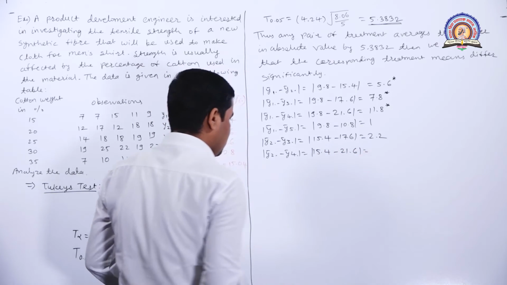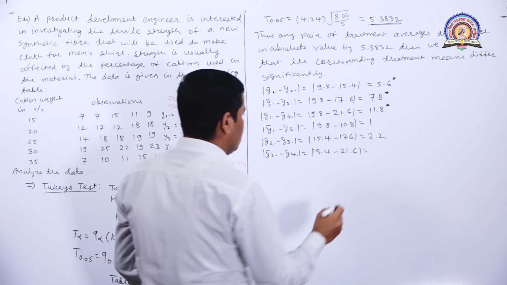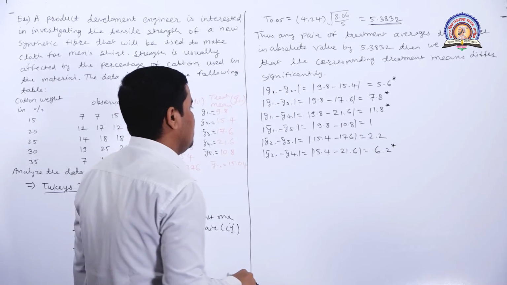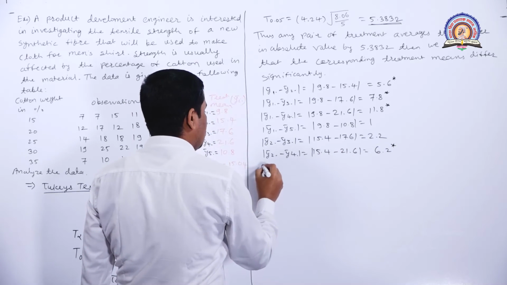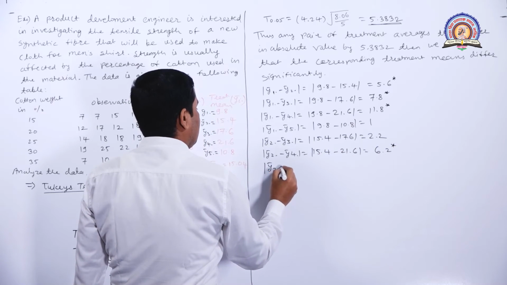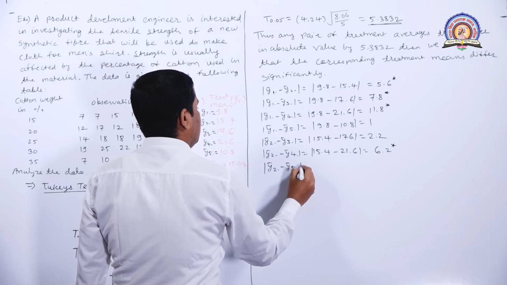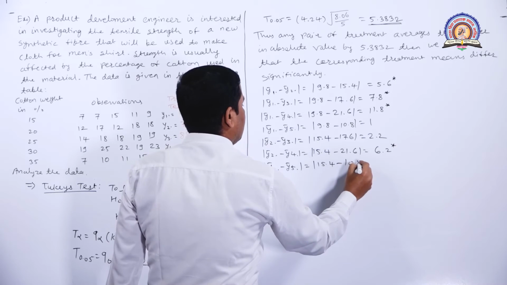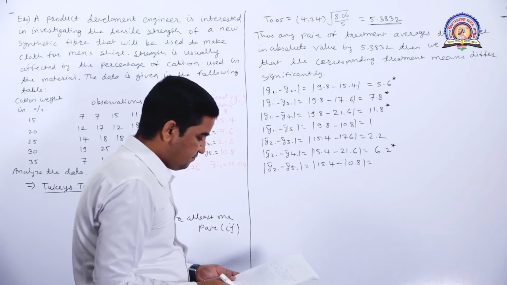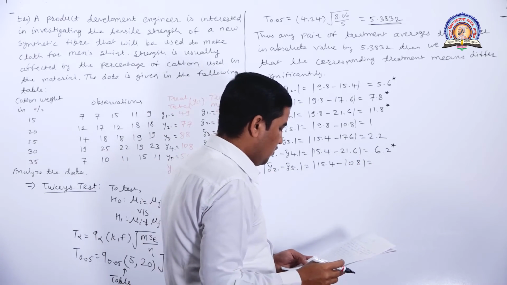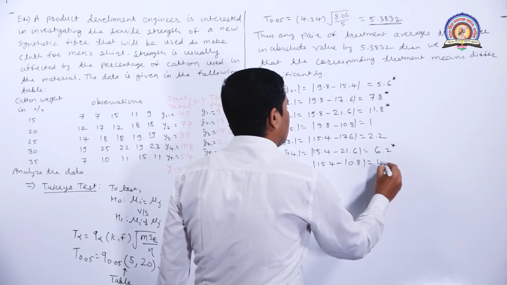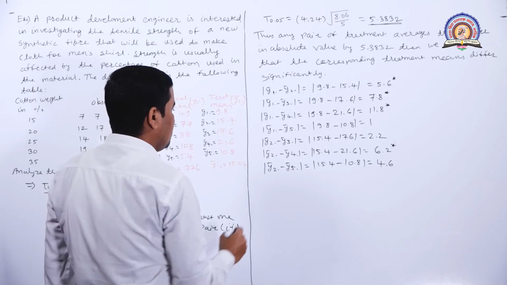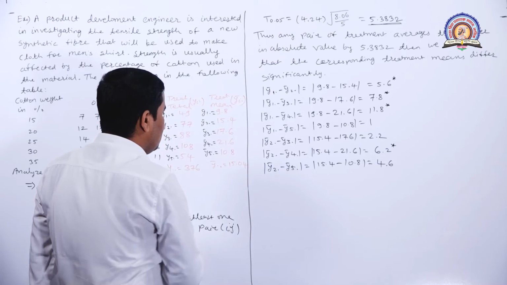This absolute difference 6.2 is greater than this T alpha. So I have to put a star here. 2 versus 5, y bar 2 dot minus y bar 5 dot. So this will become 15.4 minus 10.8, and this value will be 4.6. Now 4.6 is less than 5.3832. Now 2 versus all these is over.